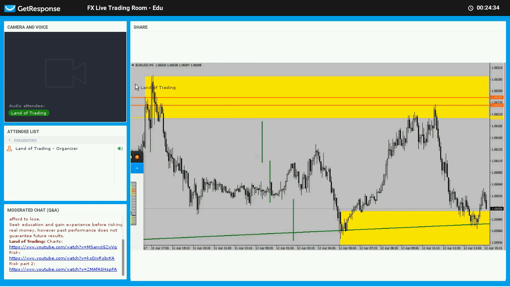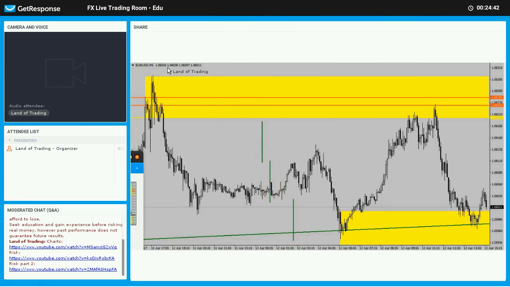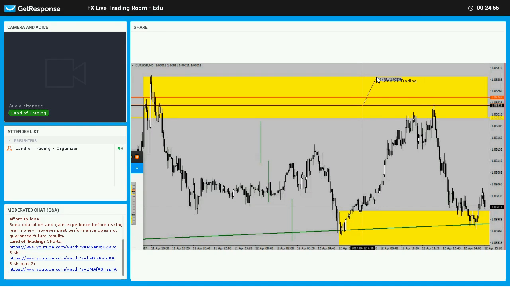But now, once we know that we have something inside here, all right, by narrowing the distance between the entry and stop, let's have a look what we can get here.